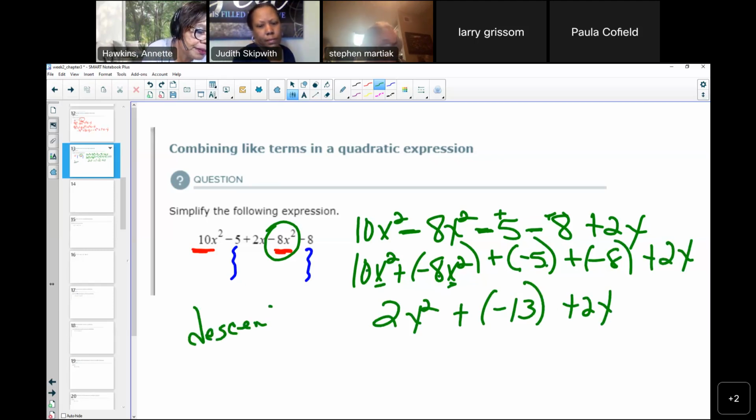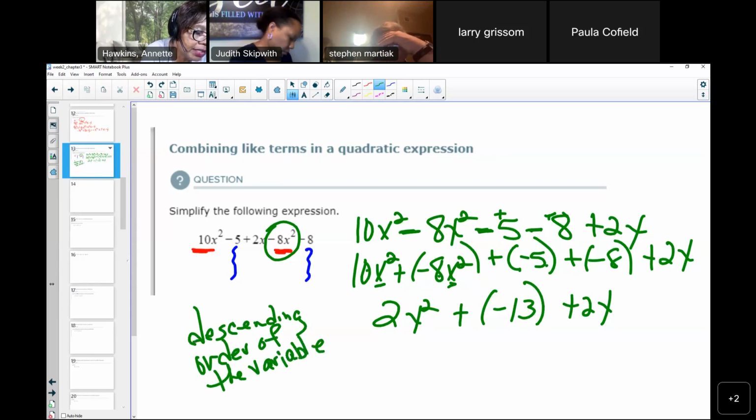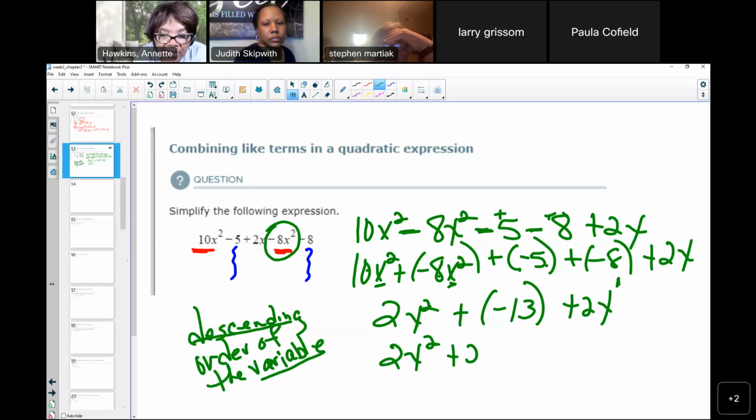Now, when we finish with this, we want to put this in what we call descending order of the variable. Now, descending means high to low, and we're focusing on the variable. So this is my variable. This is x squared. And after x squared comes x to the first. This is x to the first, so I'll bring that in.